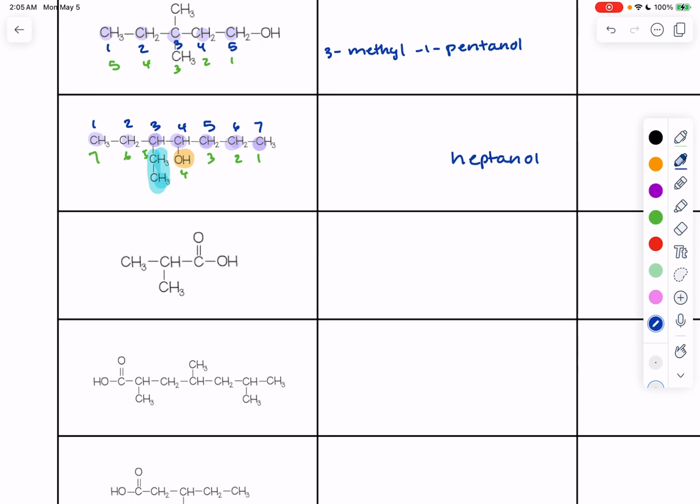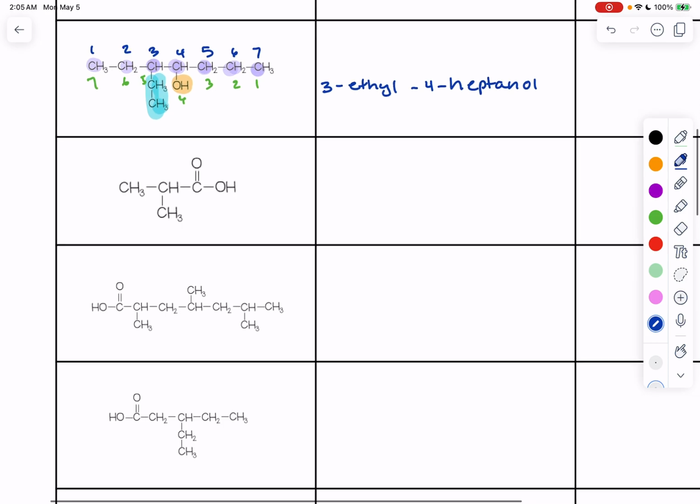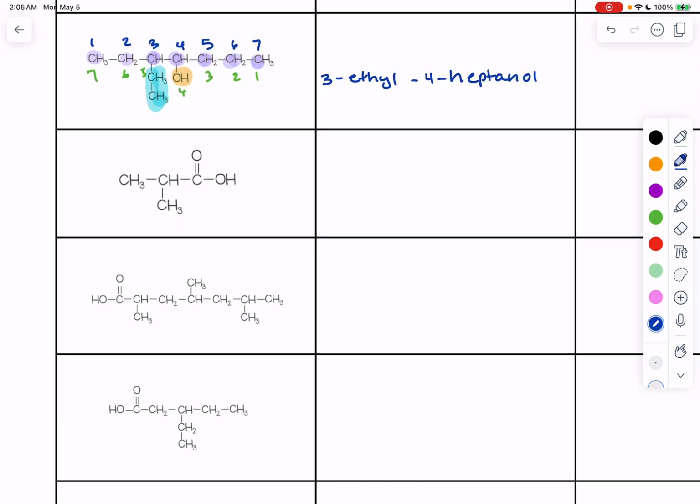So we're going to need to number it with the blue. The hydroxyl group is at the 4 position, and then we have an ethyl group at the 3 position. So it's 3-ethyl-4-heptanol.